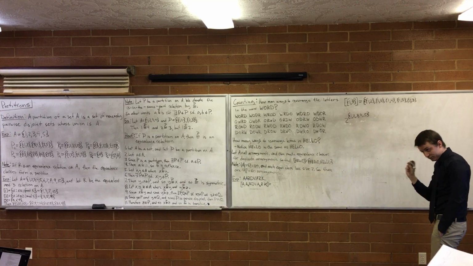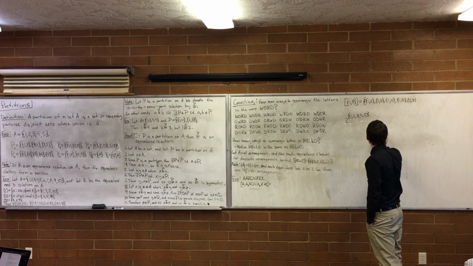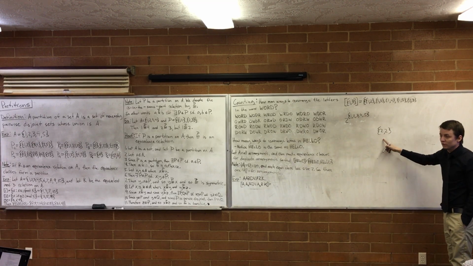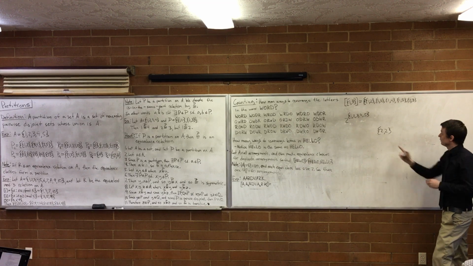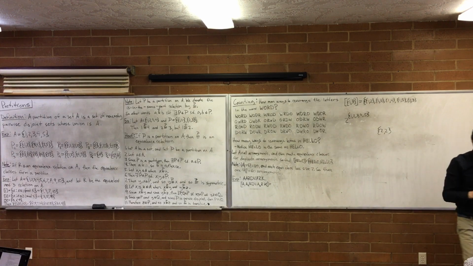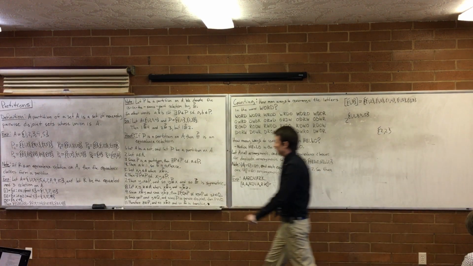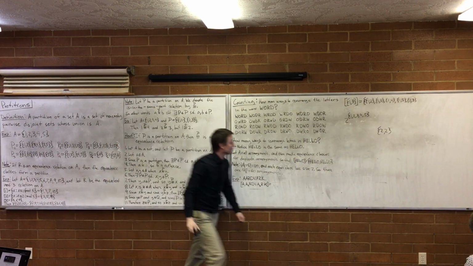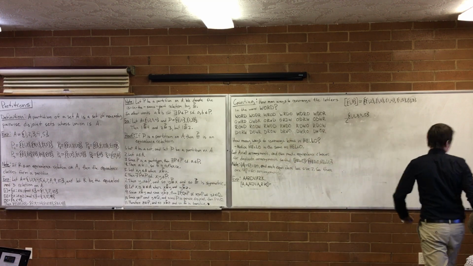No. Why is this bad? How many elements are in this set? 1. This does not have the same number of elements as that. Okay. Good? Remember, duplicates in a set don't matter. It doesn't change the size of the set.